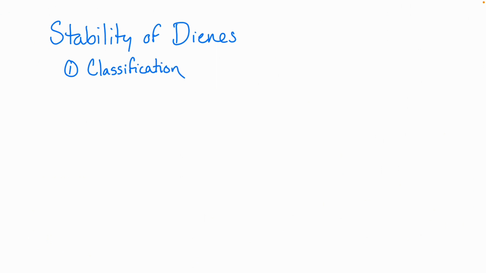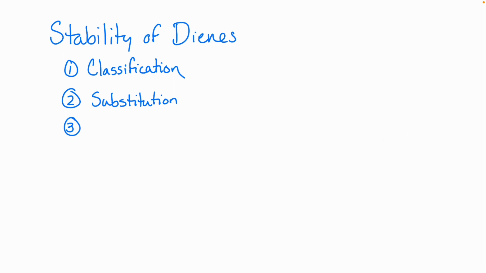So now we're going to talk about stability of dienes. The most important factor is that one that we just discussed, that classification. The second most important factor is that degree of substitution.